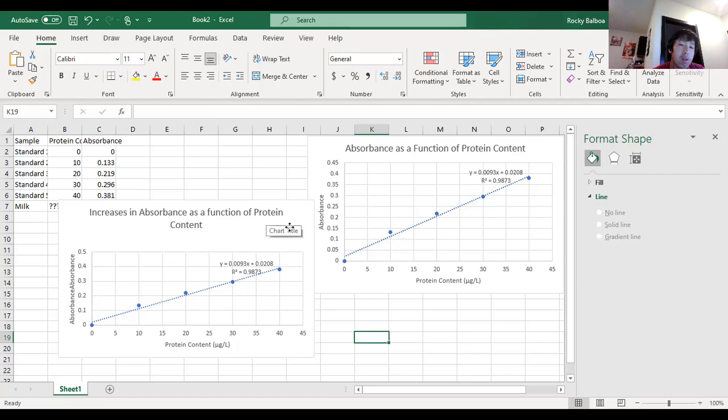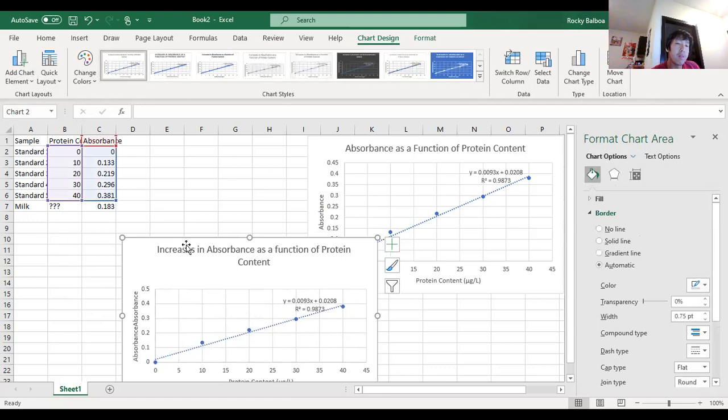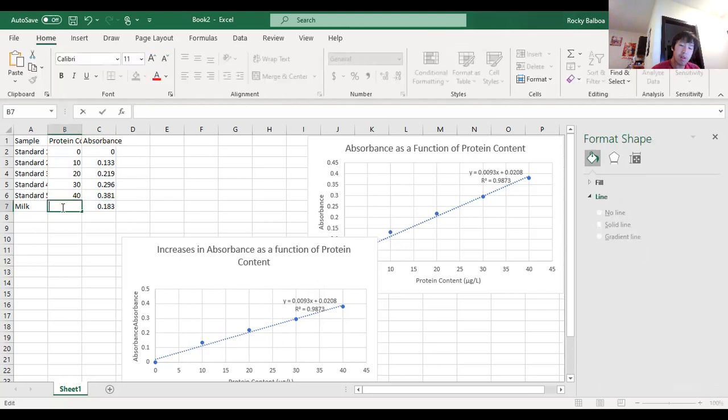Use the linear equation from your regression above to calculate the protein concentration in the milk sample. So all we do is, okay, y is our absorbance, so we know that y is equal to 0.183. We subtract our y-intercept of 0.0208, and then we divide by 0.0093 to get 17.441.